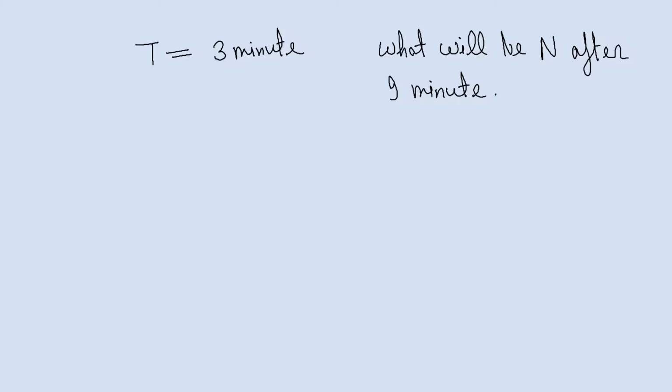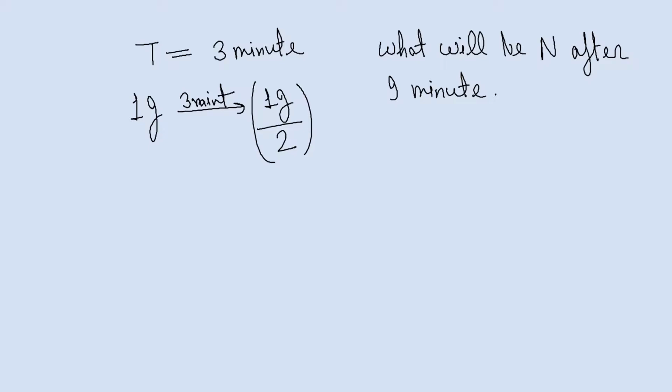If initially the value is 1 gram, then after 3 minutes, it will reduce to 1 gram by 2. So we will find out how many half-lives this substance will pass through in 9 minutes.